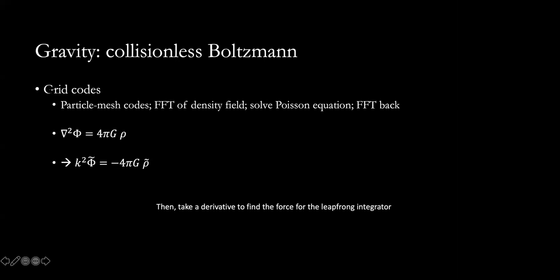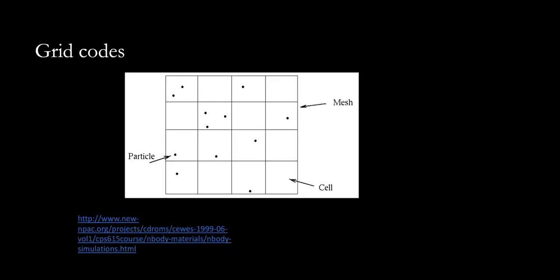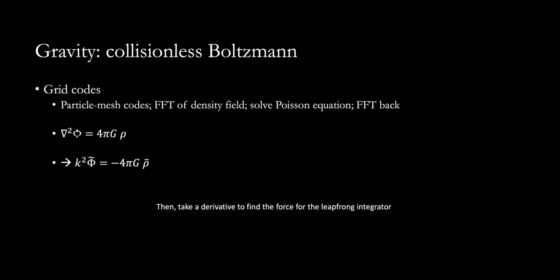So whereas this tree is a grid-less code, even though you can kind of see a grid, it's a grid that changes with time and is dynamic. It's fundamentally a different approach to calculating gravitational forces than FFTing your way to the potential and then taking a gradient of it.